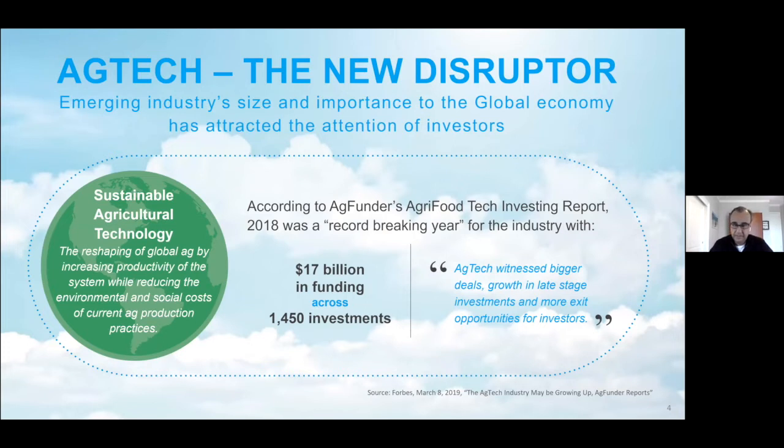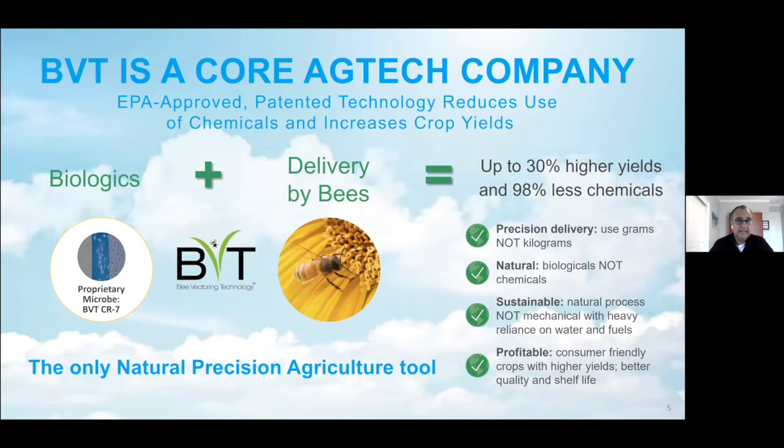And quite simply, the goal is to double the productivity of every acre of farmed land, but in a more environmentally responsible way. There's something like $20 billion of private money going into this sector on an annualized basis, and that's not to speak of the public money through the big public ag companies that are also investing their R&D dollars in this area.